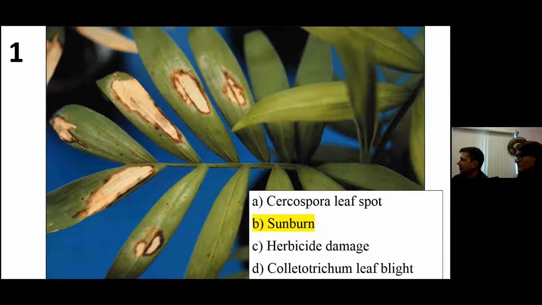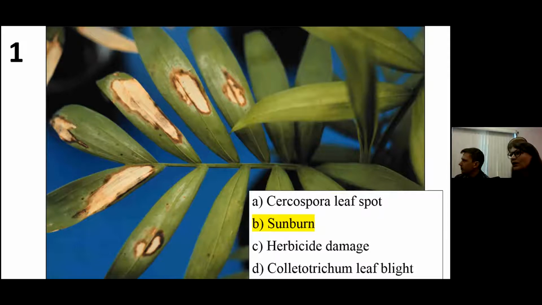Regarding Cercospora, it's not really the pattern that you would see with that type of disease. And it's important, like I mentioned before, for a disease, you would always be able to look into the signs.